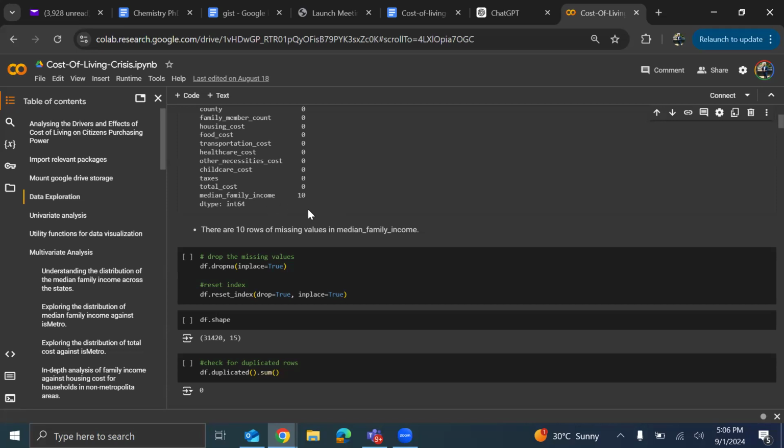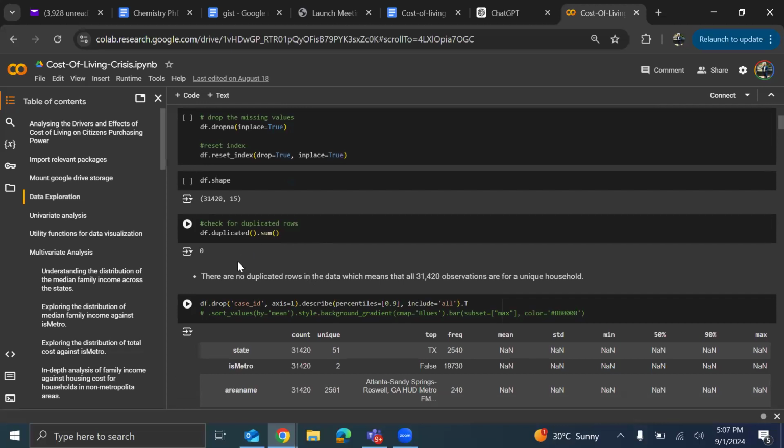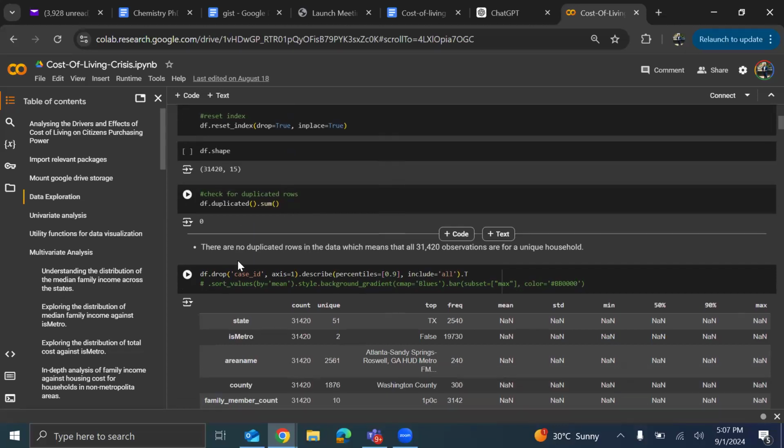I wanted to be able to predict the median income of a family. One of the rules of modeling is that you have to drop any missing value in your target, because you cannot predict what you don't know. So that's why I dropped it here. And then I checked for duplicates. There were no duplicated values.